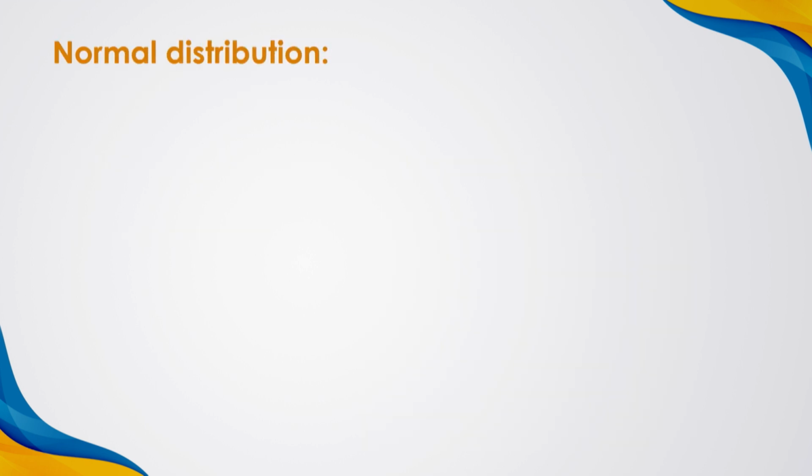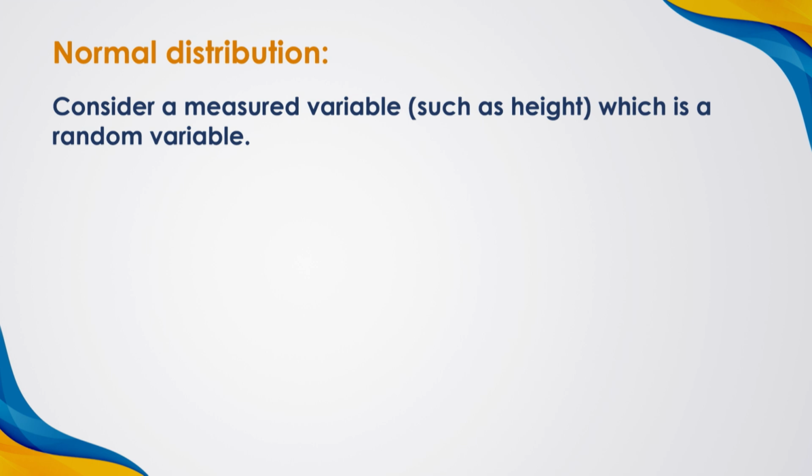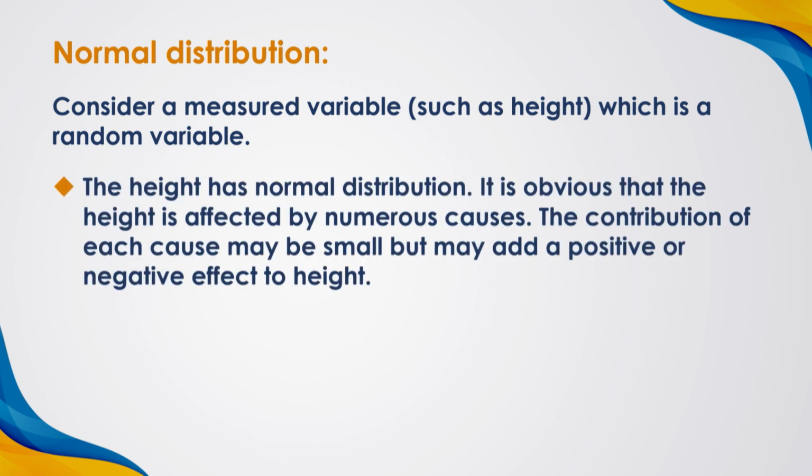Now, we shall describe the normal distribution. Consider a measured variable such as height, which is a random variable. The height has a normal distribution. It is obvious that height is affected by numerous causes.